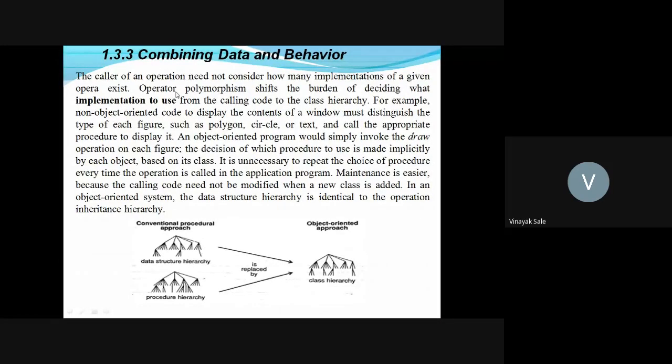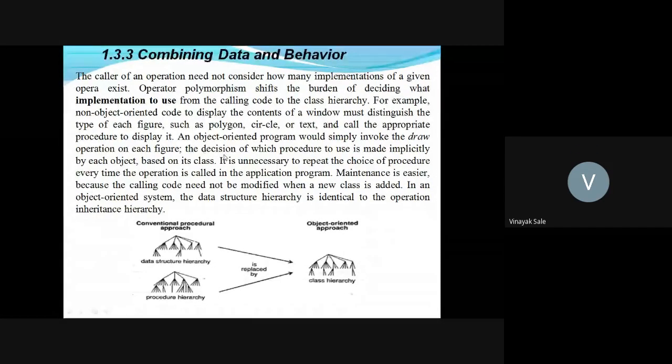Operator polymorphism shifts the burden of deciding what implementation to use from the calling code to the class hierarchy. For example, non-object-oriented code to display the contents of a window must distinguish the type of each figure, such as polygon, circle or text, and call the appropriate procedures to display. An object-oriented program would simply invoke a draw operation on each figure.